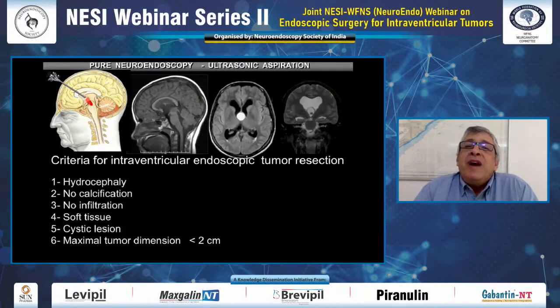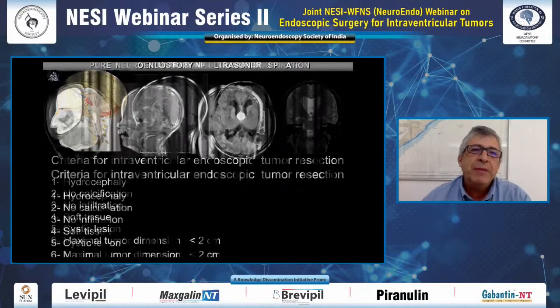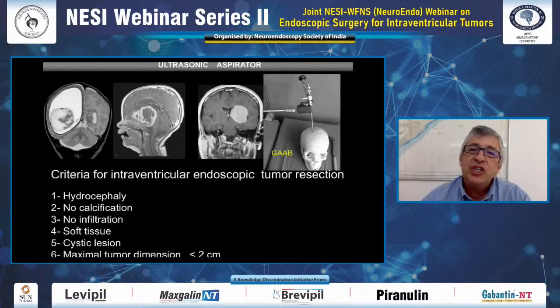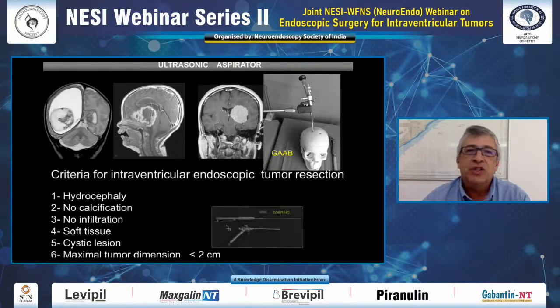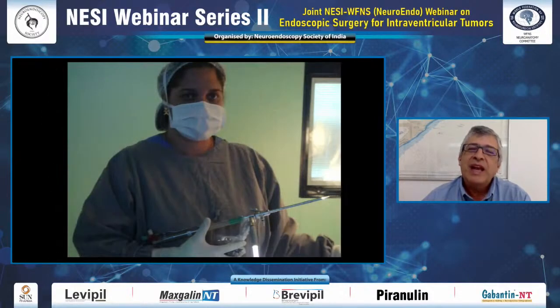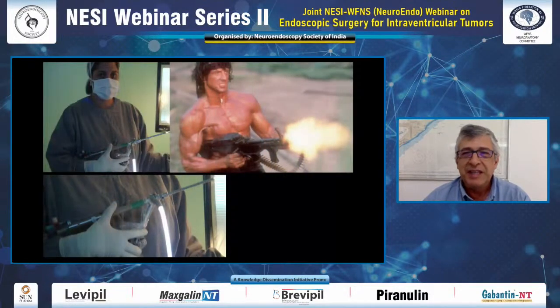So those are the aspects of intraventricular tumors in the literature for removal. Sometimes you have a big tumor, no hydrocephalus, not soft tissue. In that situation, you can use CUSA, as Ortel showed. It's this machine. It looks like a gun. It's a gun to destroy the tumor.